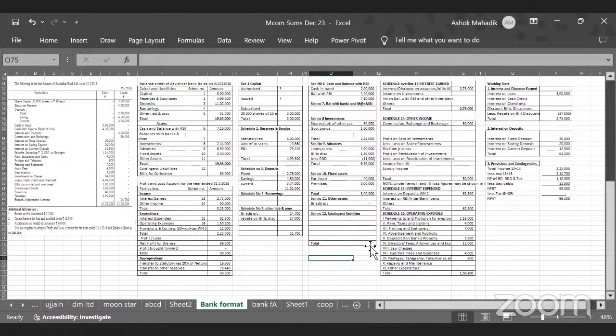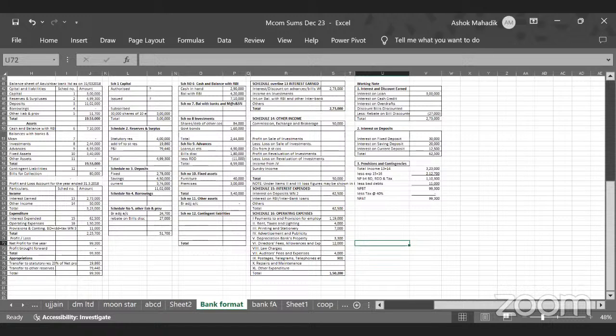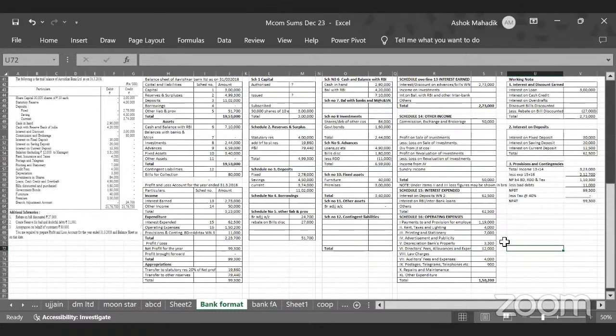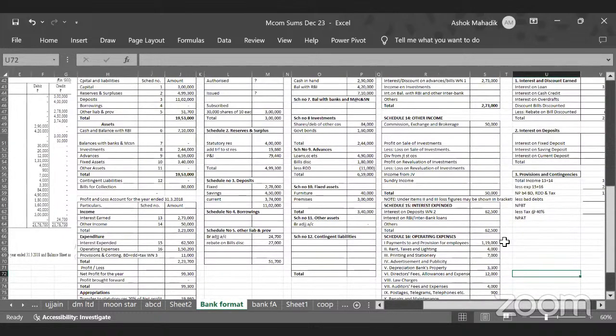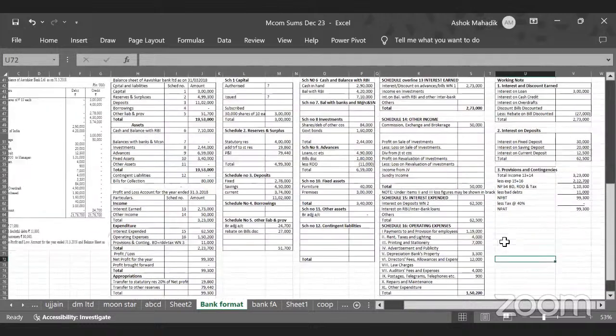You can take a screenshot of this solution, please. This is okay now. Something will be missing always. Okay. This is good. So that's it for the day, students.